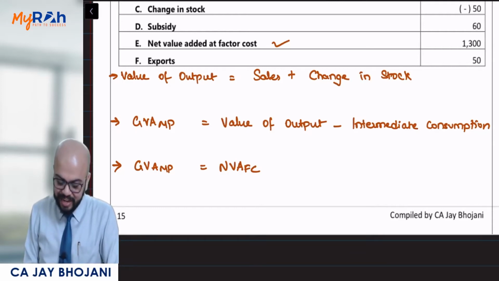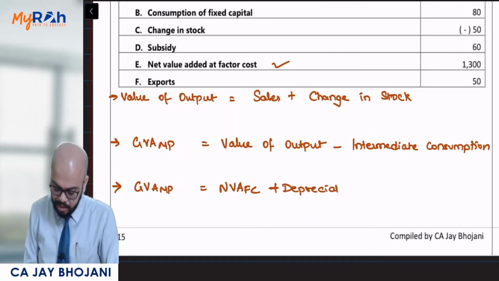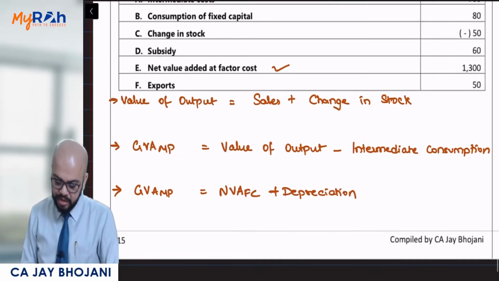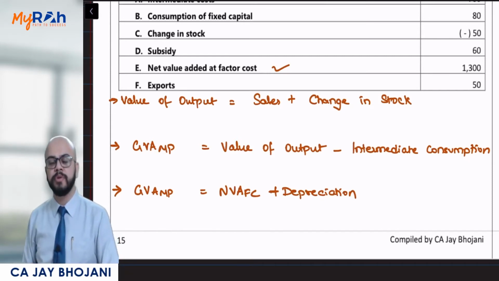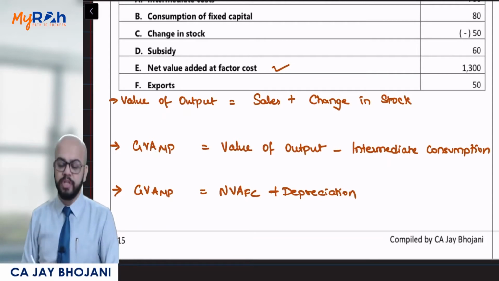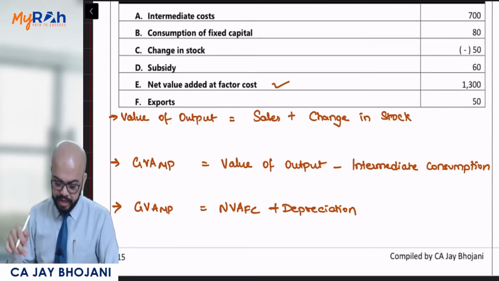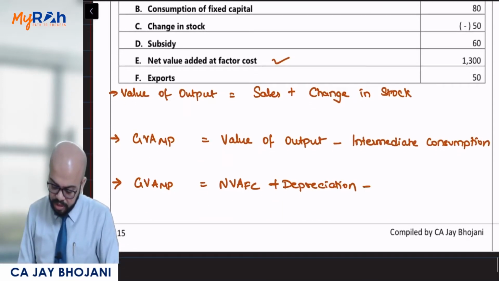So NDPFC, this is net, this is gross, so I will have to add depreciation. Okay, and from factor cost I want to calculate market price, so I will add indirect tax and I will reduce subsidies. If you look at the question carefully, there is no indirect tax given, so the only thing that I have to do here is deduct subsidy.